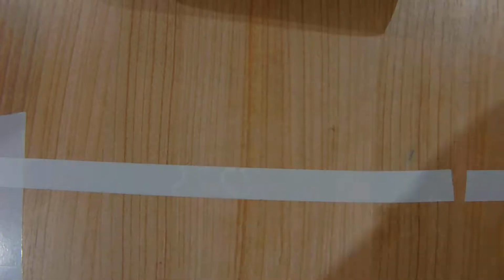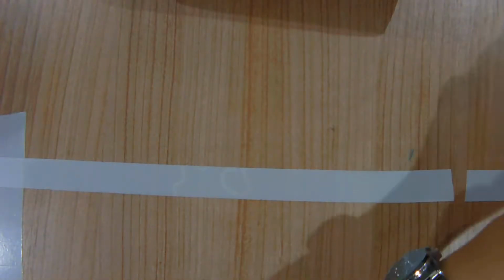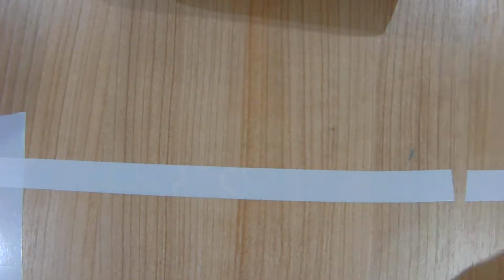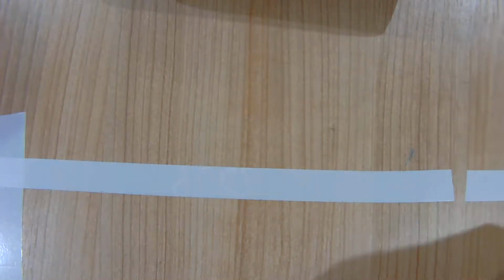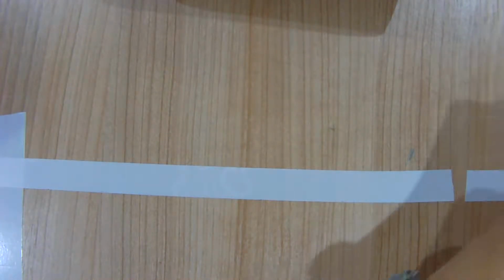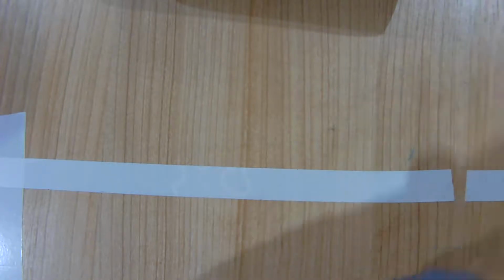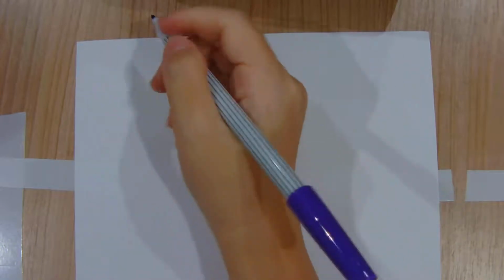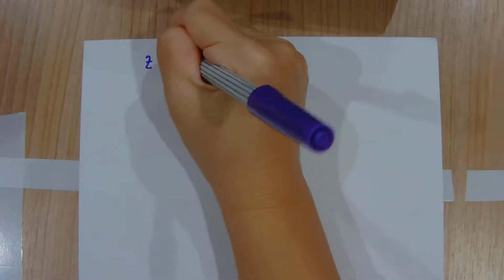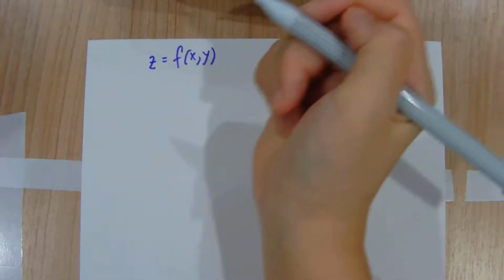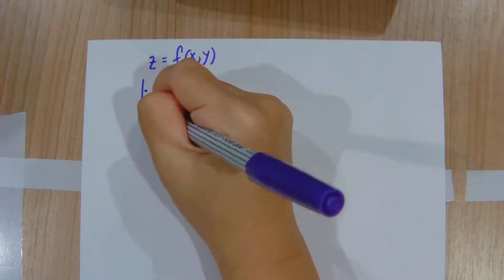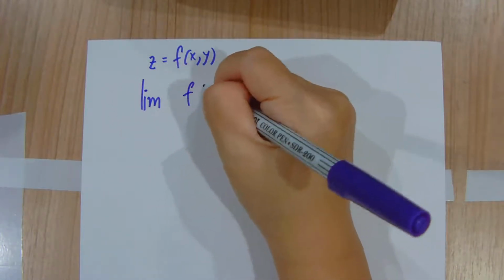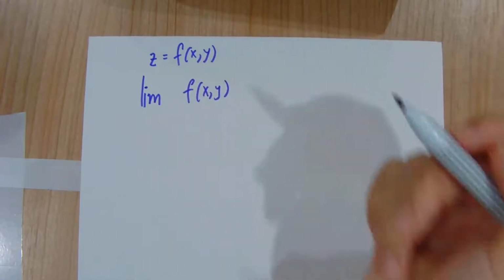Okay. So for examples, we will write that if you have the function z equals f of x, y, and then we will find the limit of the function f of x, y.